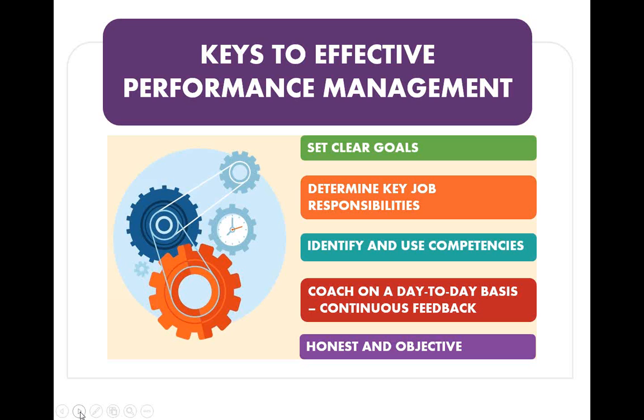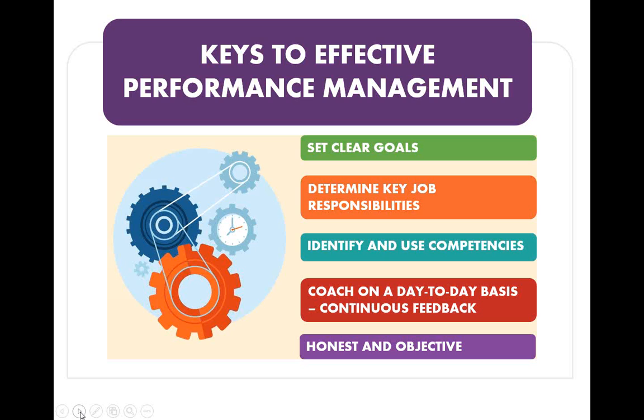Well, here you go. Here are the 5 critical keys to effective performance management. And it doesn't make any difference what system, what tool, what you're doing. If you do these 5 things well, you are going to see positive results. First, you set clear goals. Second, you determine the key job responsibilities. And we'll talk about how to do that in just a minute. Third, identify and use competencies.